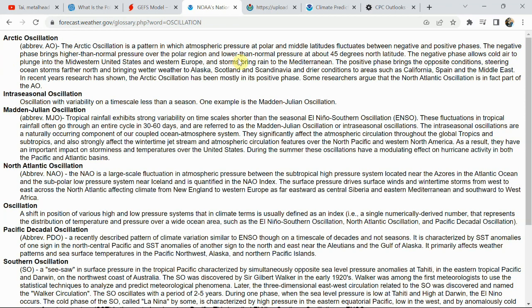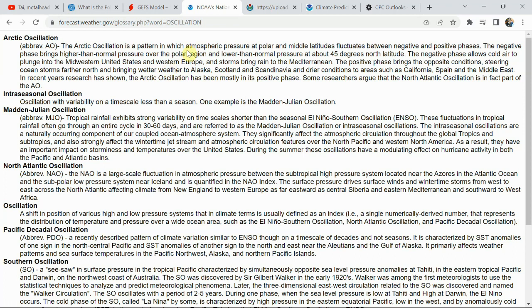So whenever you see a negative AO, even if it's for a temporary period, it's something to keep a close eye on. You will not hear most of your local meteorologists talk about this, obviously, because it's not necessarily prominent to their area, but this is a huge part of the weather patterns that we will end up seeing, especially during particular times of year.